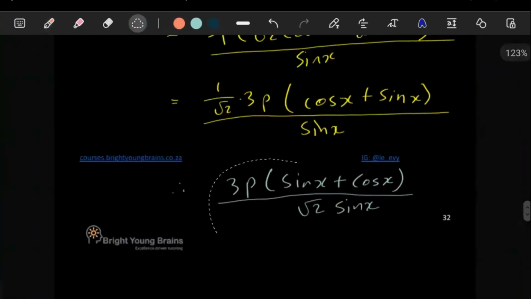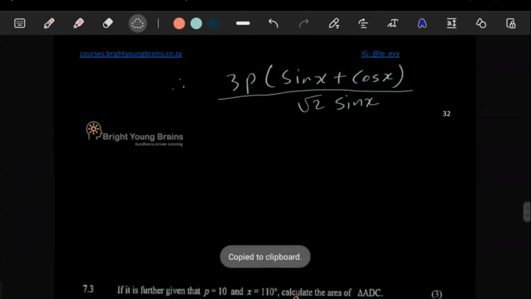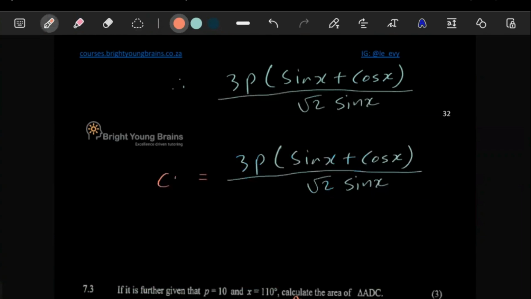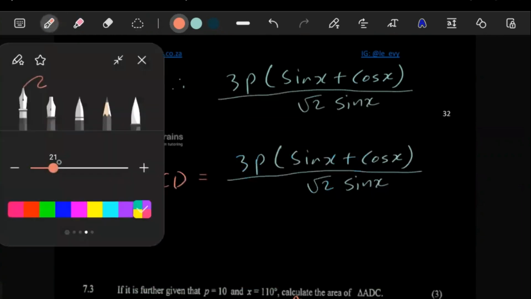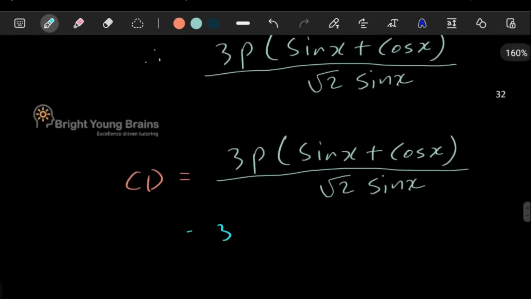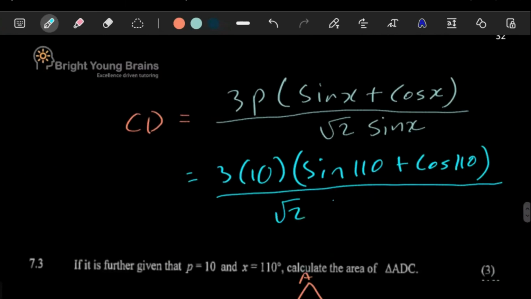Let's see. Copy, paste. We have CD here. And then p is 10, and 110, 110, and then what we have here: square root of 2 sine 110.